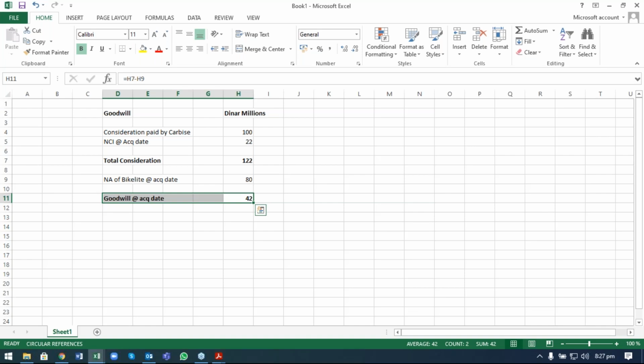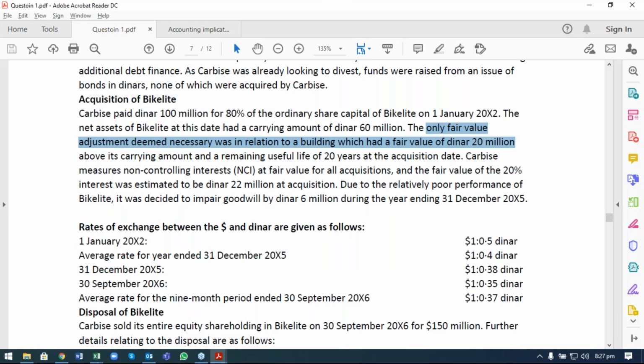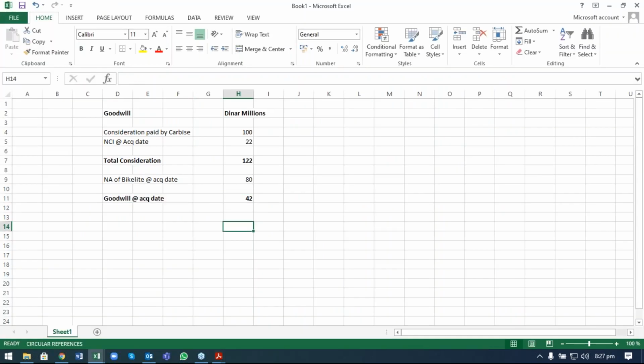Now, as this was reported in dinars, we need to retranslate these dinars into dollars. I believe the dollar is the currency of the parent. Yes, dollar. So we're looking into dinar millions, then exchange rates, and then dollar millions, right?